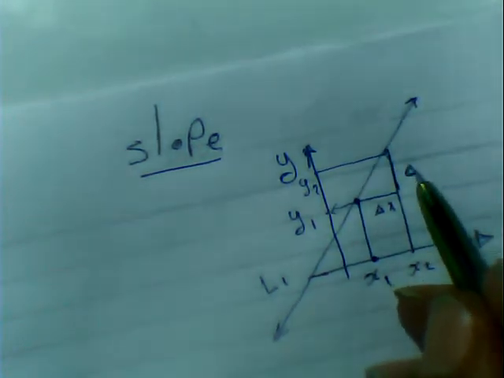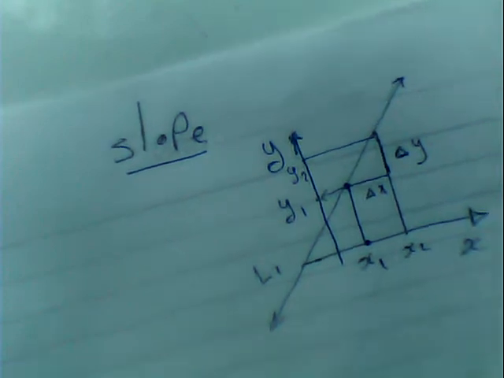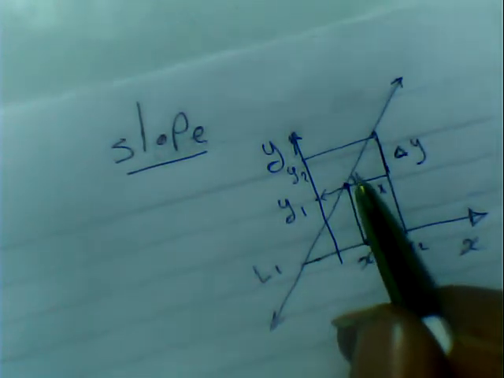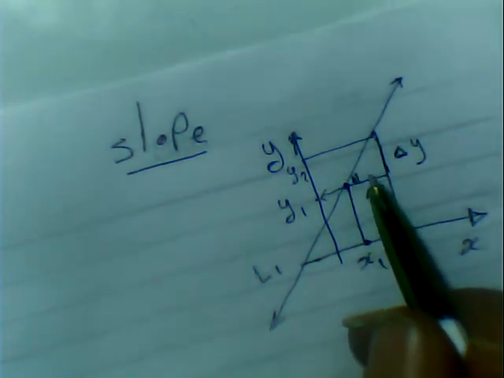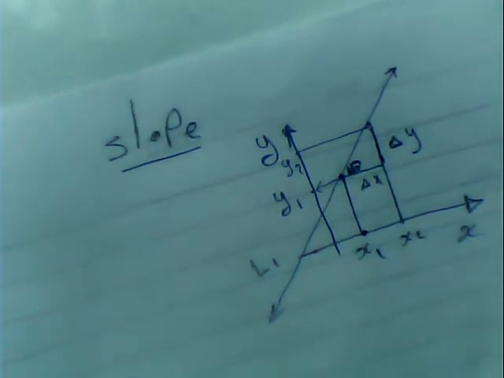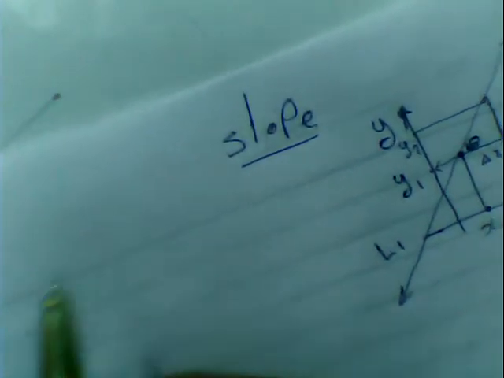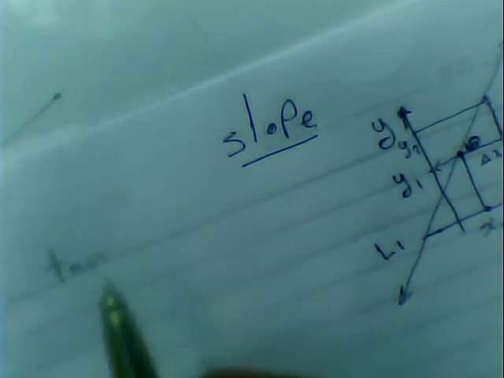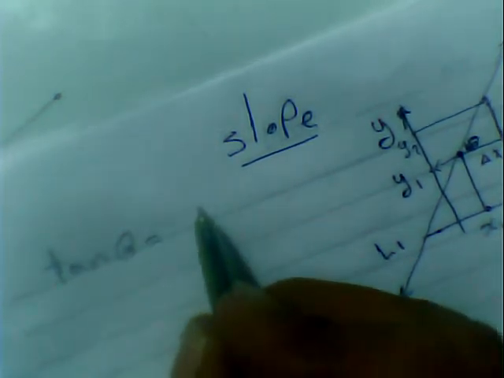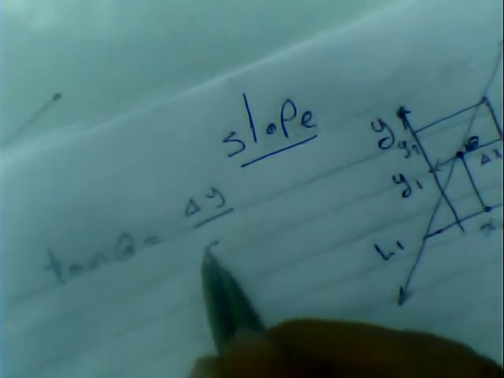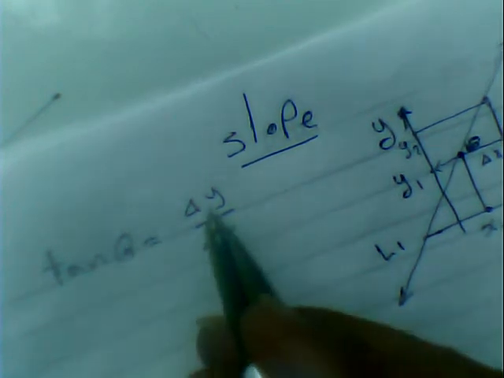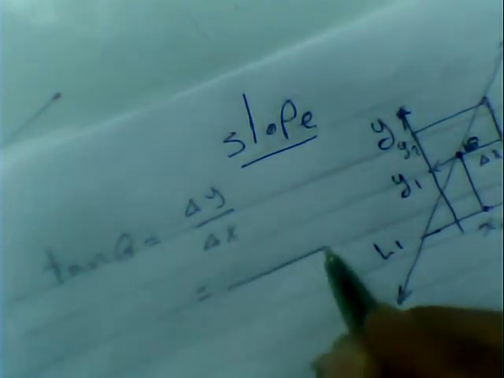Then the slope means tan of this angle theta, and tan theta equals delta y over delta x. What does delta y mean?